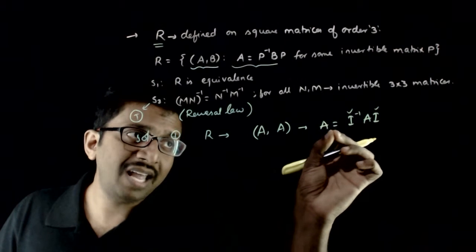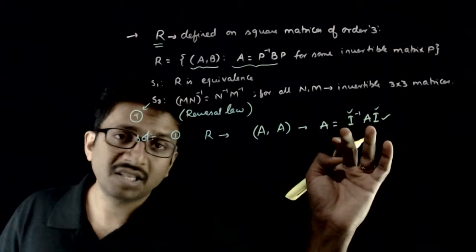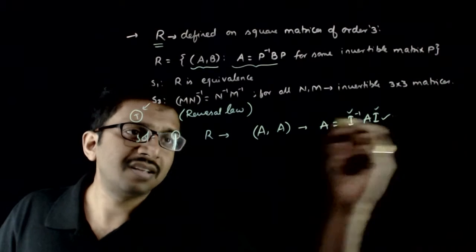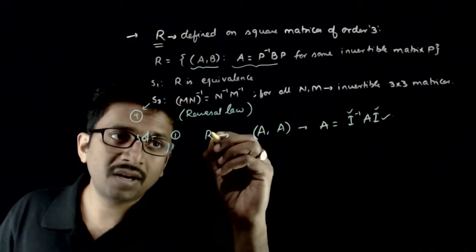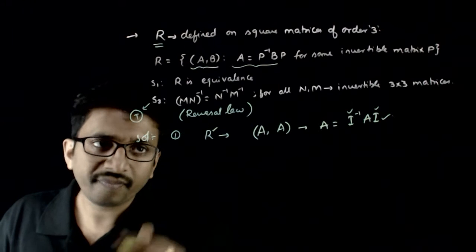I'll always have this matrix I corresponding to A. Hence, A and A are always related to one another. Hence, the relation is reflexive.